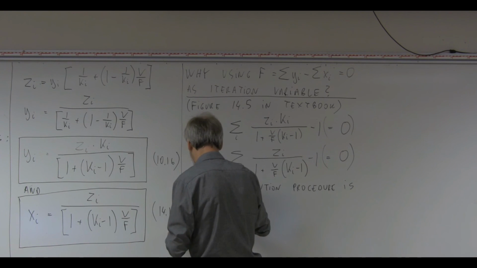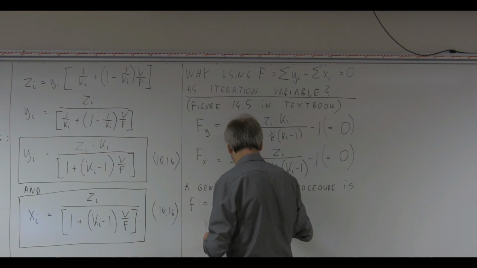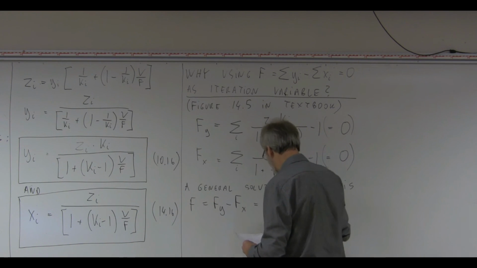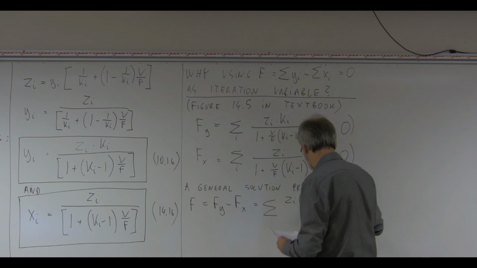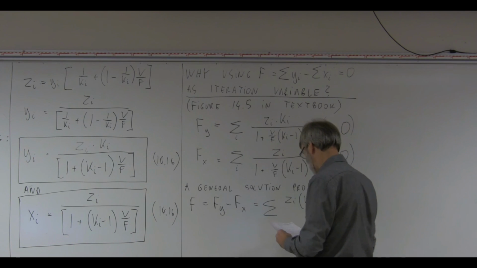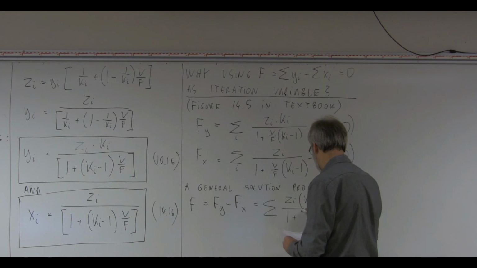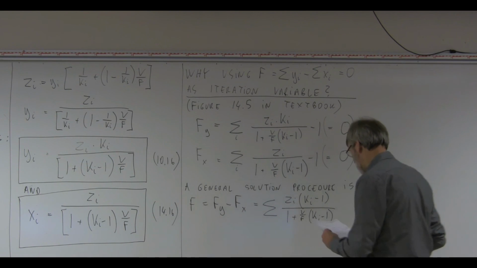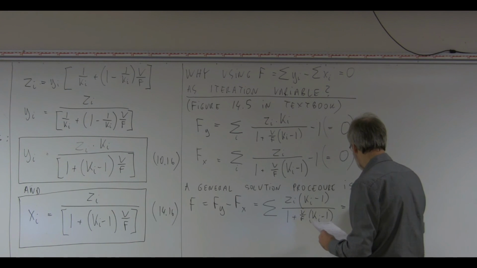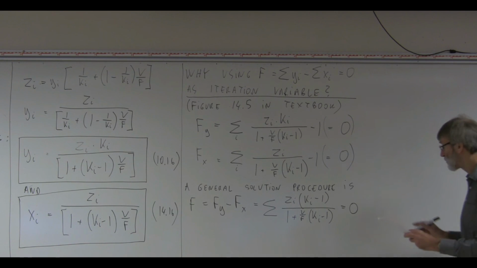that f is f_y minus f_x, or the sum of z_i K_i minus 1 over 1 plus V over F times K_i minus 1, should be equal to 0.